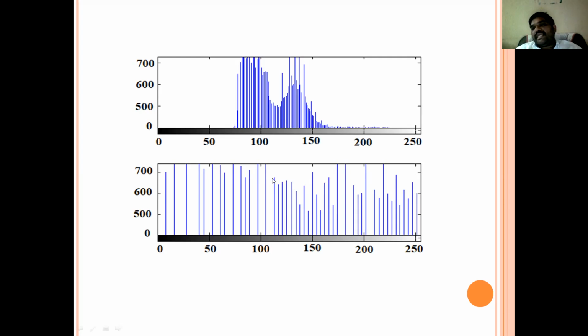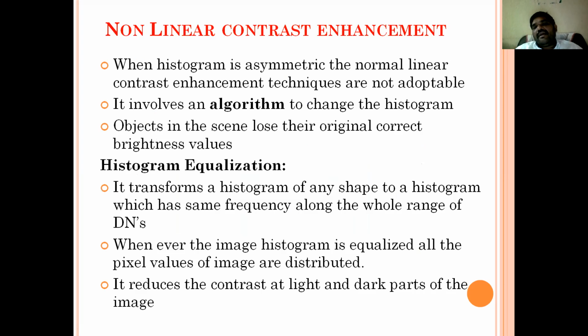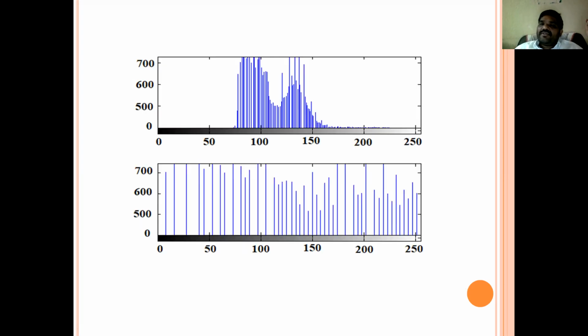This is what equalization is about. How can I perform it? By adopting a formula, an algorithm, which we use to change the histogram.